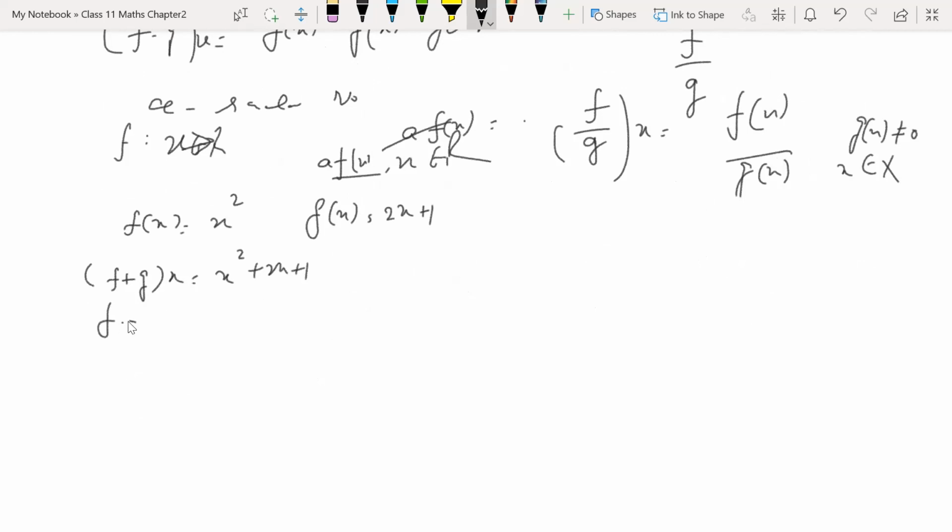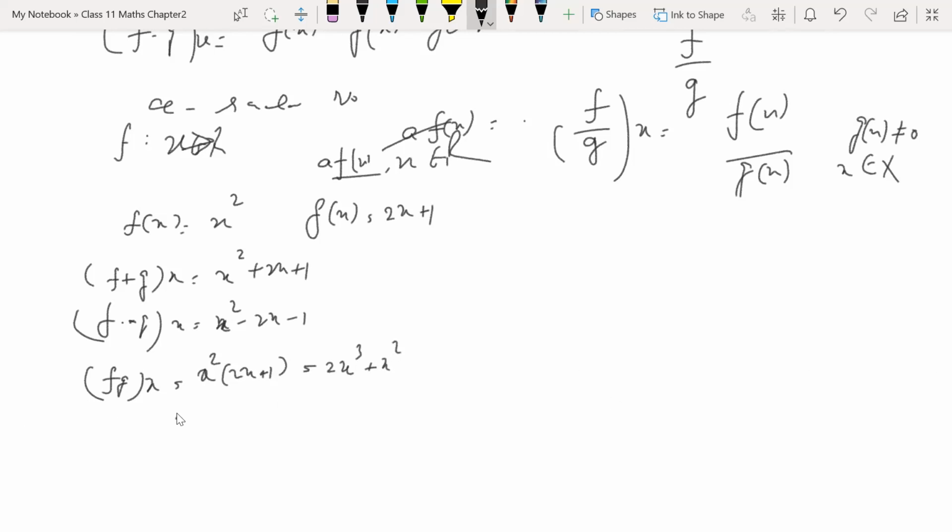f minus g is x square minus 2x minus 1, because the minus sign is outside the bracket, so all the internal values will get a minus sign. fg(x) is x square times 2x plus 1, that is 2x cube plus x square.